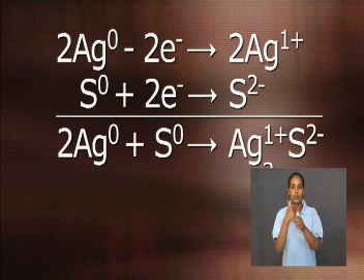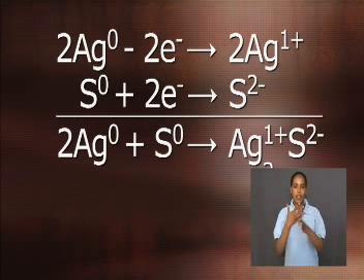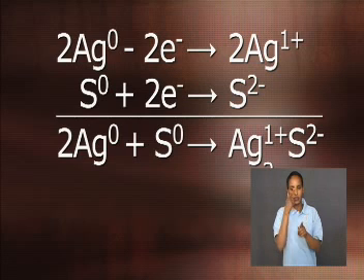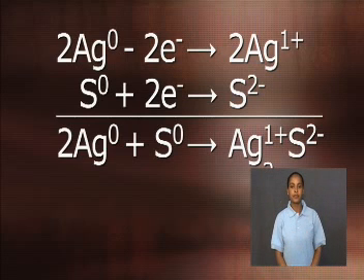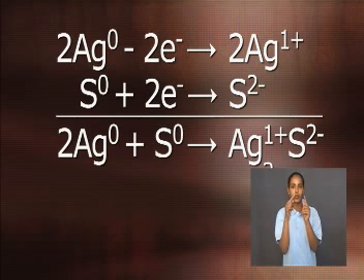Do this by adjusting the coefficients of substances being oxidized or reduced. Then, count the atoms to make sure the remaining substances are balanced. Double check the final whole equation to make sure everything is balanced.